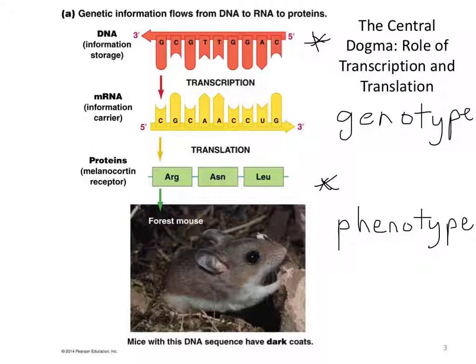We could look at the melanin or pigment in his fur, and we could measure it and give a number to it, but those are the qualities that determine his phenotype. That is the result of him using his genotype, all of his genetic information, in order to make proteins, and those proteins then do the work of cells and the work of the organism, resulting in phenotype.